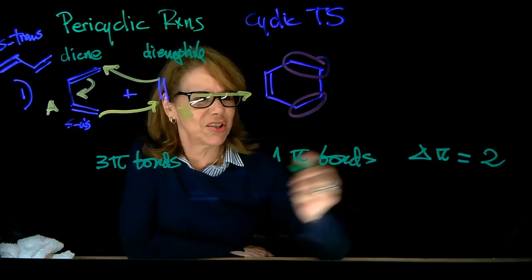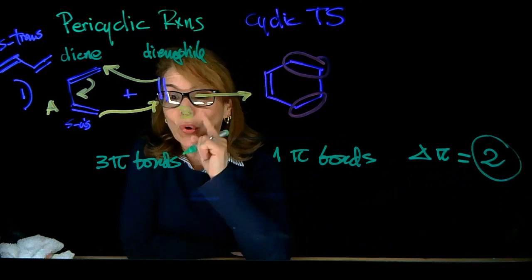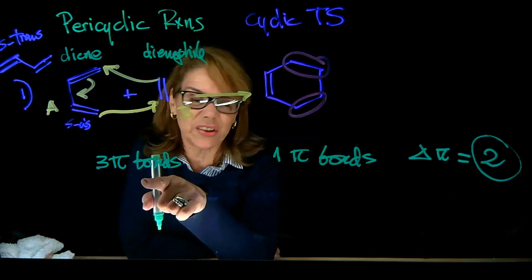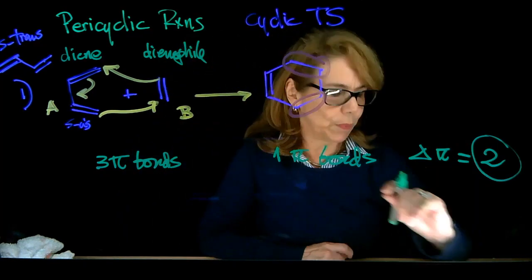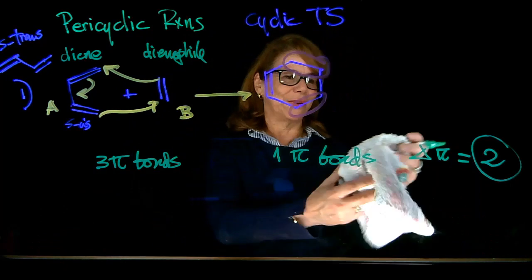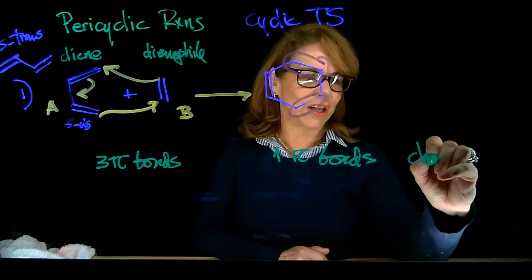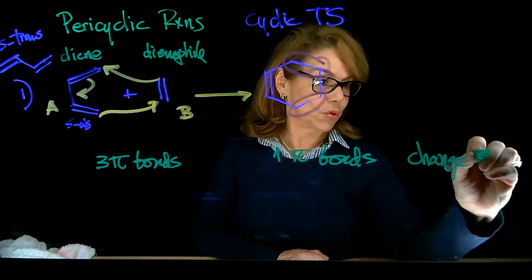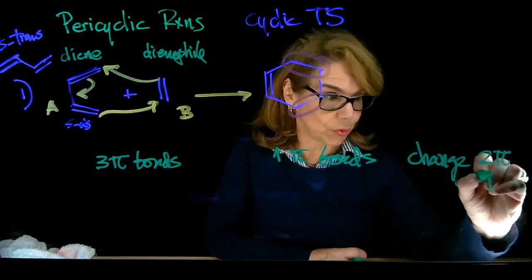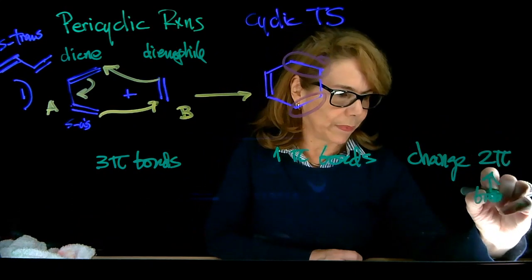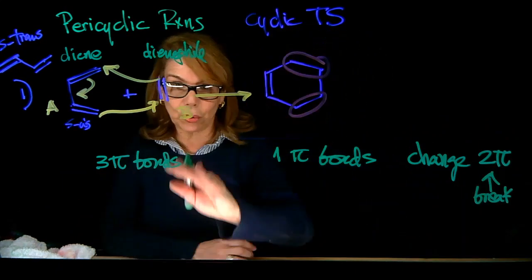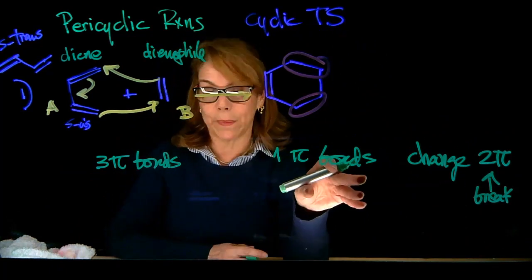And we need to put in enough energy to break 2 pi bonds. The net change is 2 pi bonds. I need to put in energy to break 2 pi bonds. Overall, yes, I have 3 involved, but I'm forming 1.